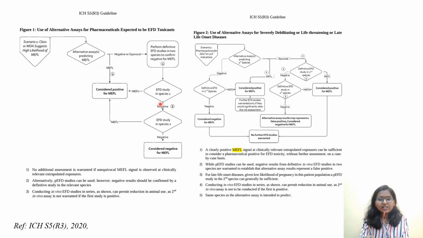So better you read. Maybe the questions which I have mentioned now might not have this decision tree, but there may be one question based on this decision tree in your exam. Okay, but I would say that still it is a 120-page guideline. Try to read it in parts at least.